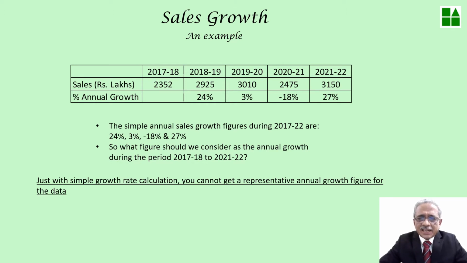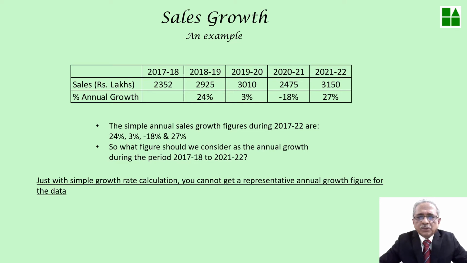You can understand quite a bit about what is happening in the company when you look at the annual sales figure. But suppose you want to consider the annual growth for the entire period between 2017 and 2022, starting with the figure 2352 and ending in the year with the figure 3150.